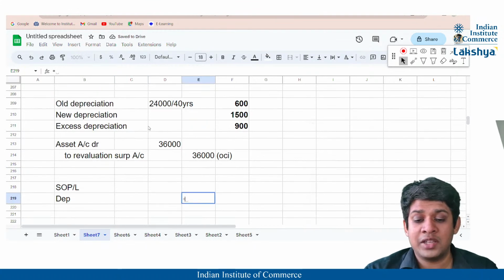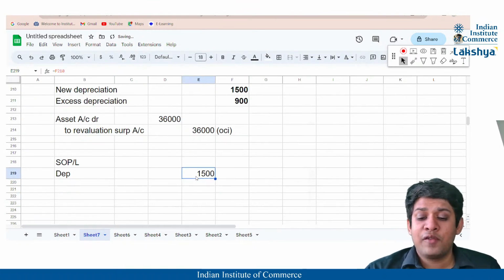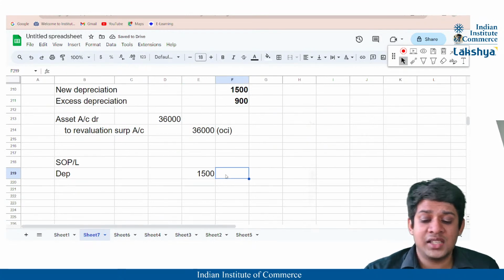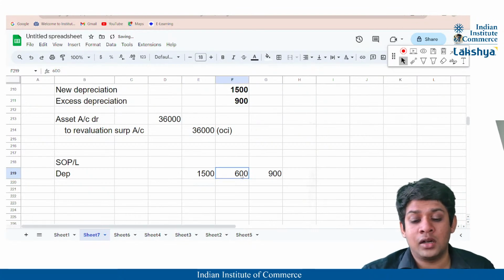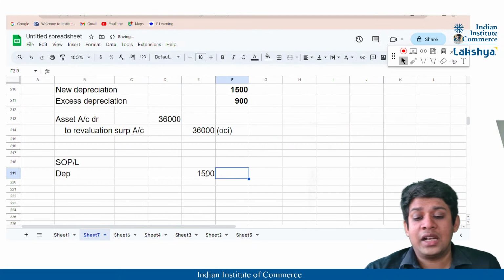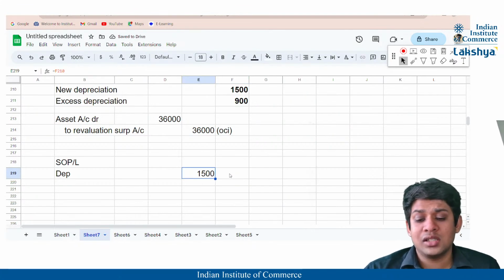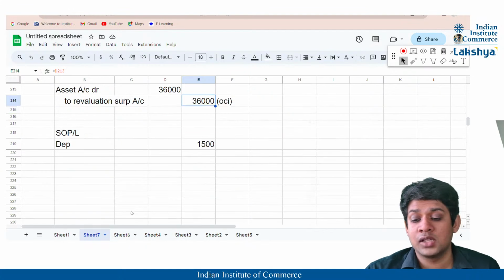My depreciation that will be charged is the new depreciation, which is 1500. But from this, it should have been 600, correct? It should have been 600, but I am charging 900 extra, right? That is why it became 1500, correct? So, technically I am charging extra and stating it within my P&L because my asset got revalued. But this 900 should have been here, no? Because it is solely because of the revaluation surplus.